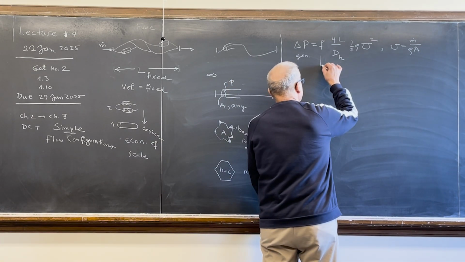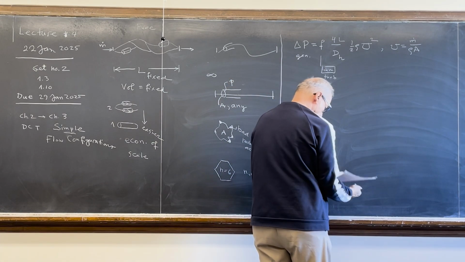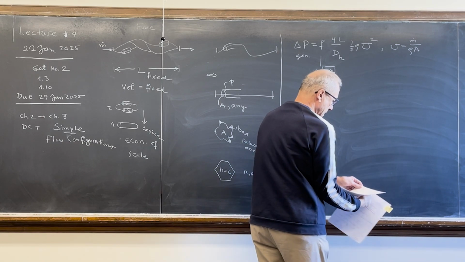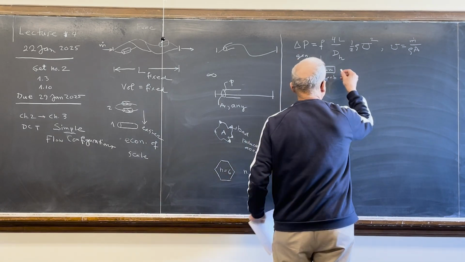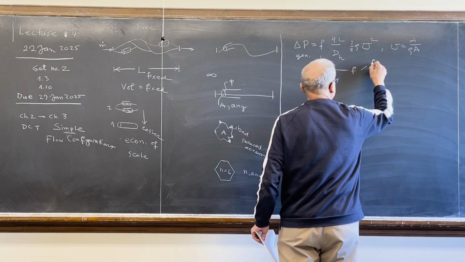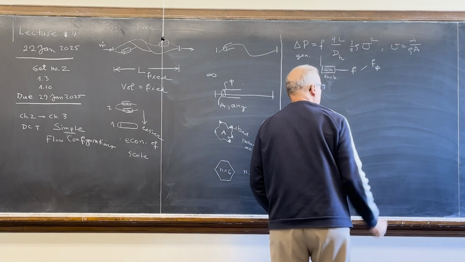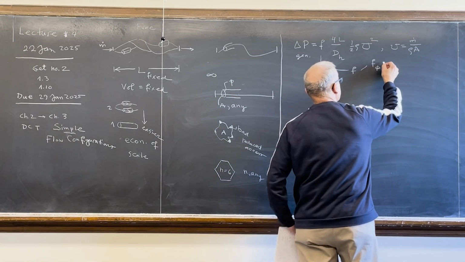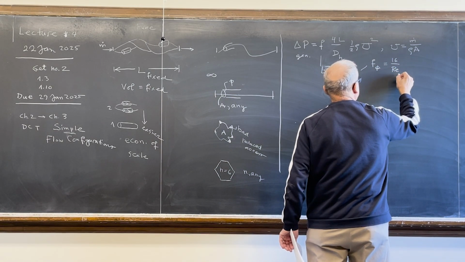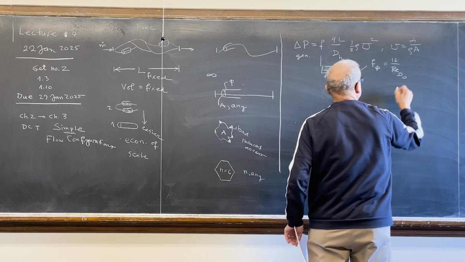So first, the laminar flow. And for laminar flow, famous is the friction factor for a round tube, which is 16 over the Reynolds number based on the tube diameter.